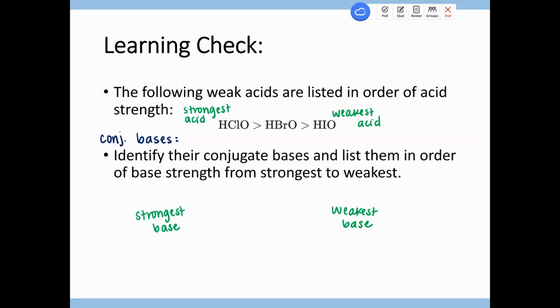When you're drawing out conjugate bases, don't forget the charge that base might have losing an H+.